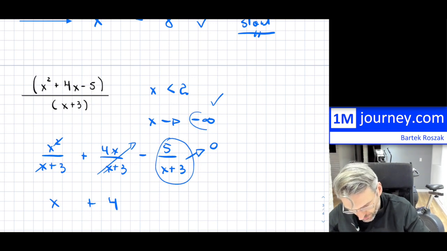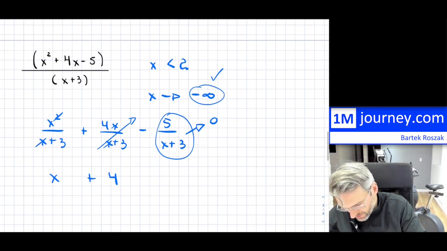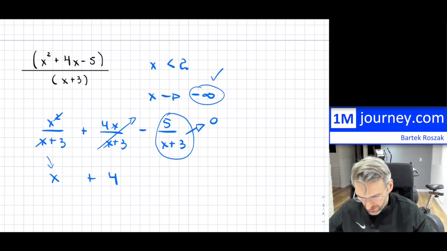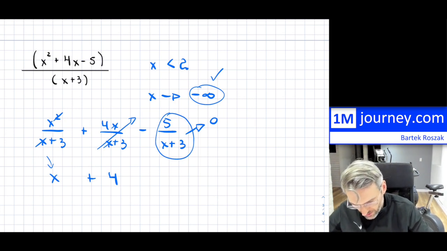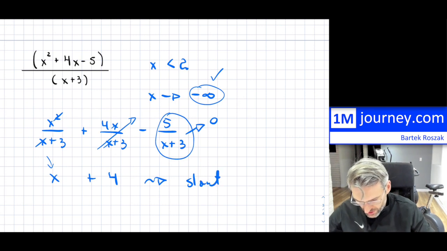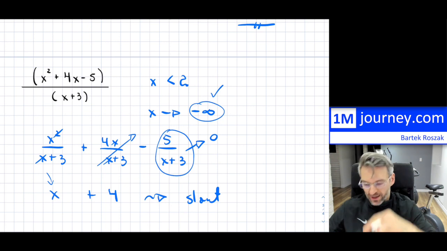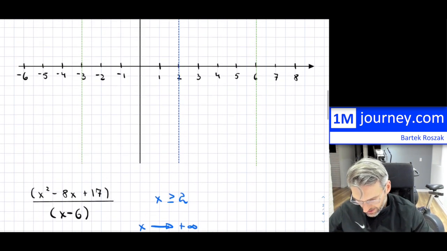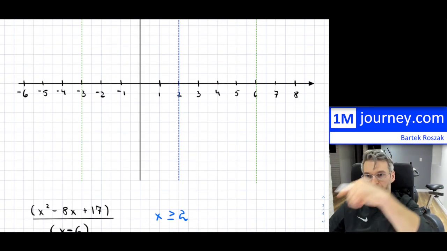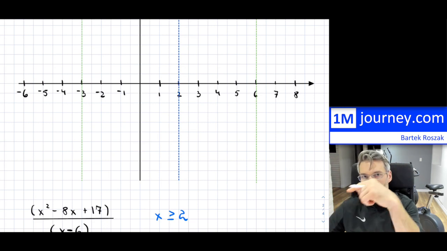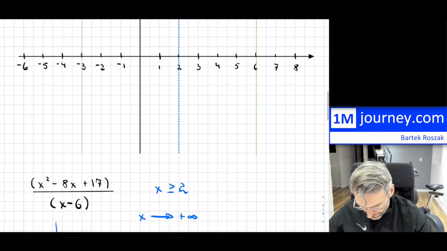And as x is approaching negative infinity, this is going to be tending towards negative infinity. So it looks like we have another slant, all right? It's going to be approaching this particular line, but it's going to go on the negative side. On the left-hand side here, this thing's going to blow up and go negative. That's what's going to happen over there.